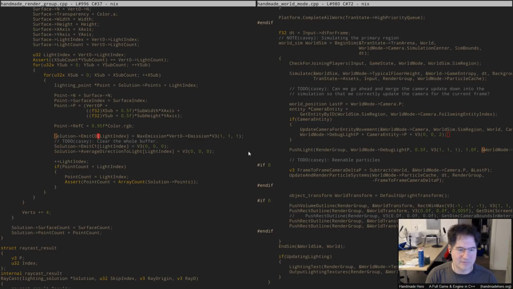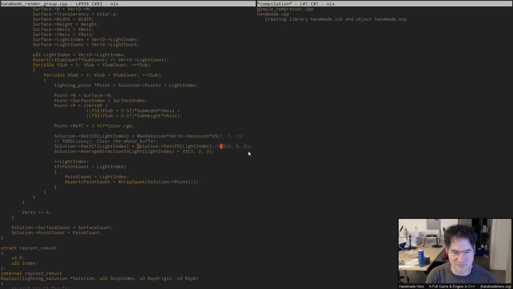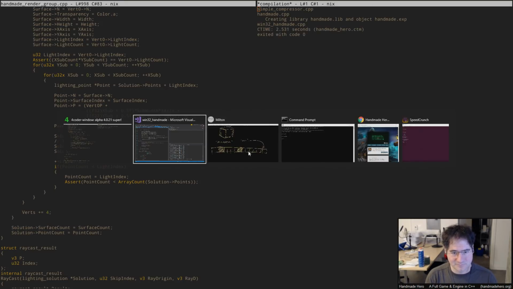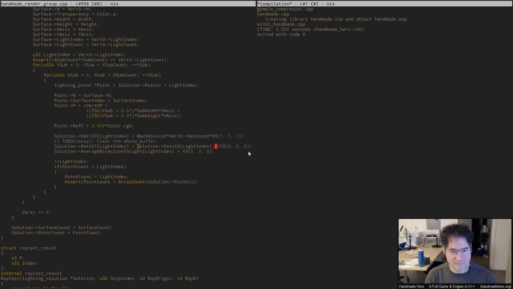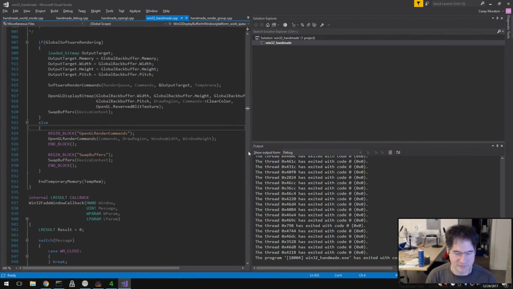Instead, just set it to whatever the dest emit C0 was from the previous frame. I don't really know what this is going to do. And we probably want to reduce the contribution of that a little bit each frame or something like this. This is completely bogus. I'm literally just screwing around right now.